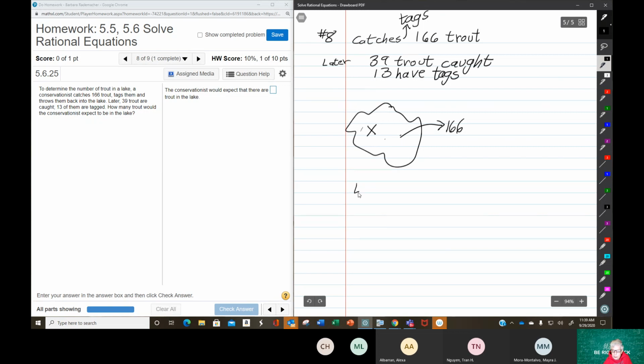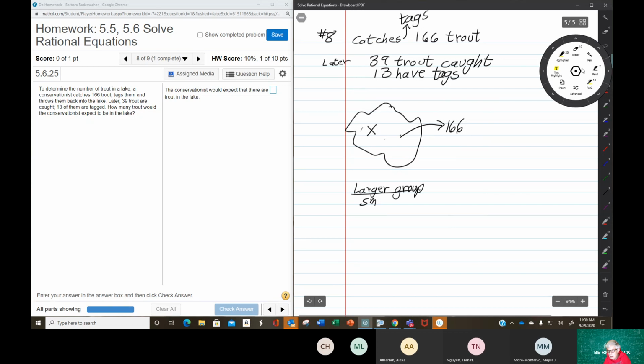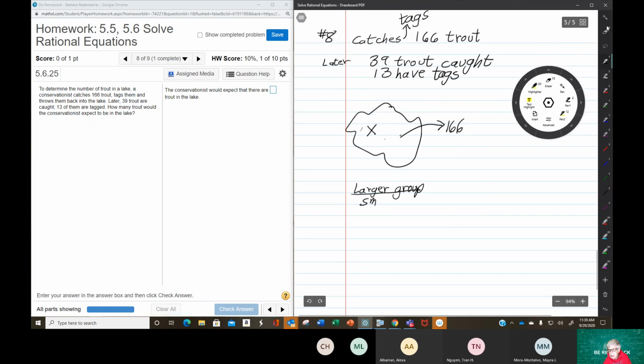There's a larger group of fish and a smaller group, a caught group.